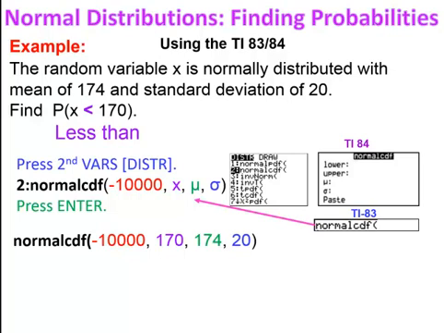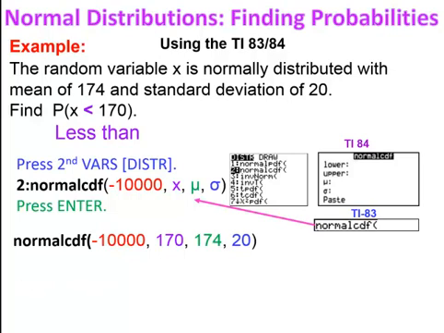This is what it would look like if you were plugging it in to the TI-83. For the 84, you want your lower to be that negative infinity. Your upper will be the x value that you're looking for, or the random variable. In this case, it's 170. And then you want to change the mean here from 0 to the mean in the problem, which is 174, and change the standard deviation from 1 to the standard deviation of 20.